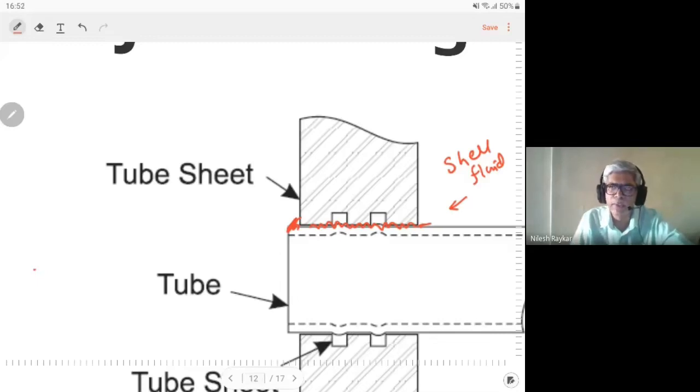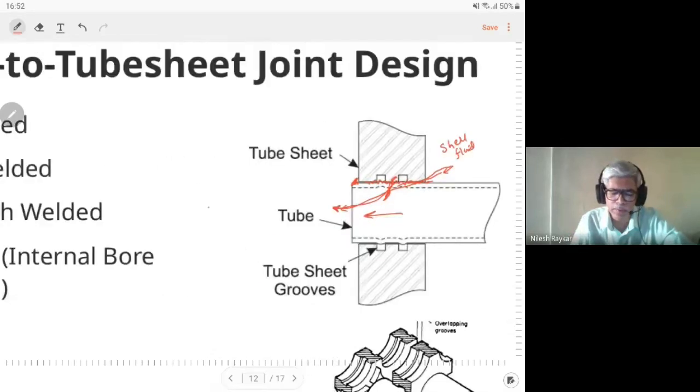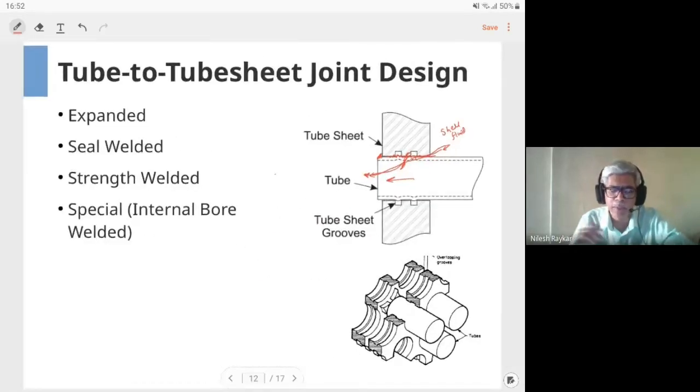But the fluid which seeps inside leads to corrosion, and then there is some crack formation in the tube, through which the leakage begins. The shell side fluid comes out through this crack and mixes with the channel side fluid. To avoid that, you have some special joints. That is the internal bore weld, which is explained in the video that I have given.